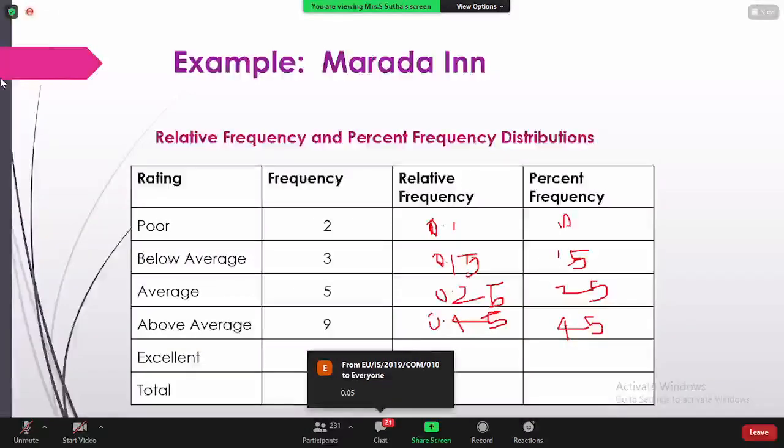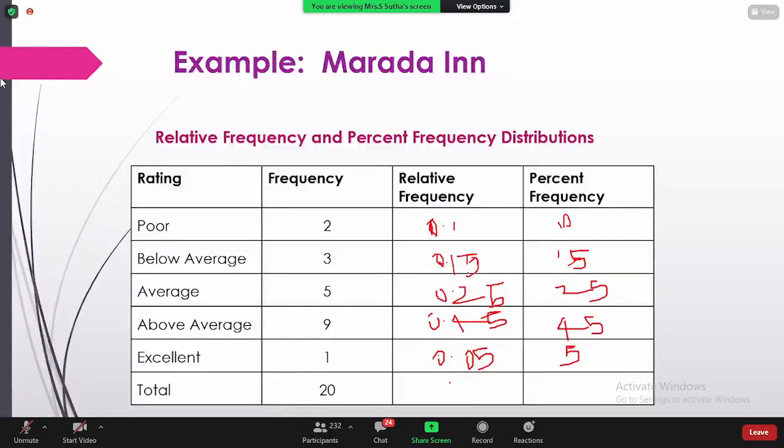Right. And then the percent frequency? 5. Right. So when you add the relative frequencies, what total do you get? 1. And when adding the percent frequencies, what total do you get? 100. Right?